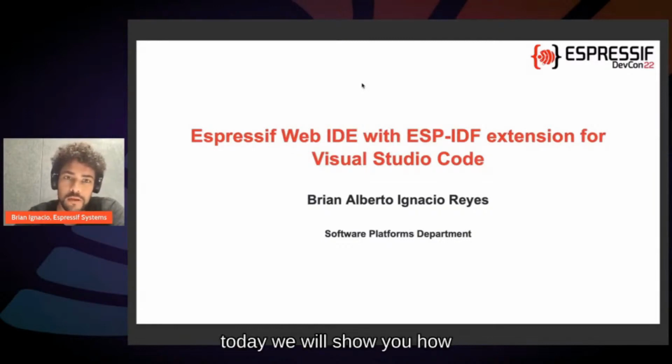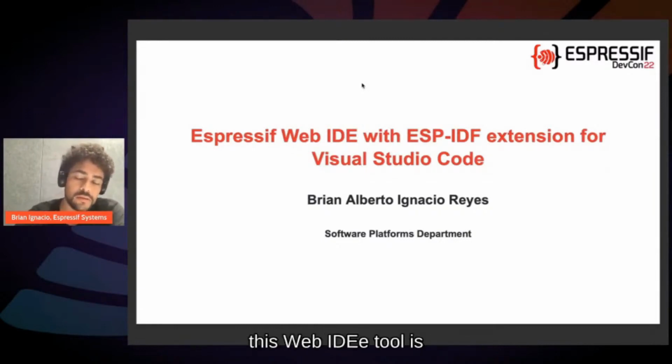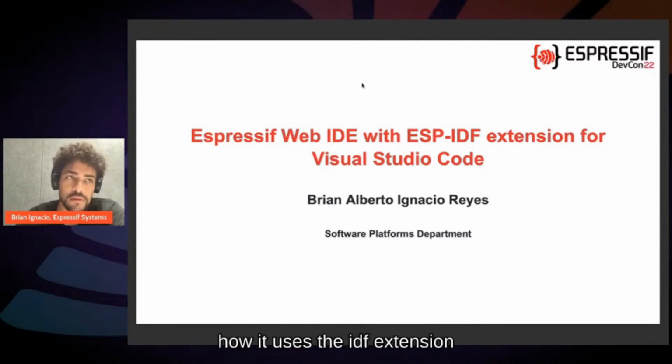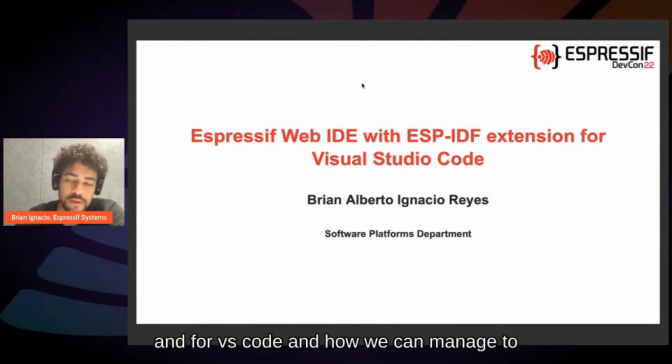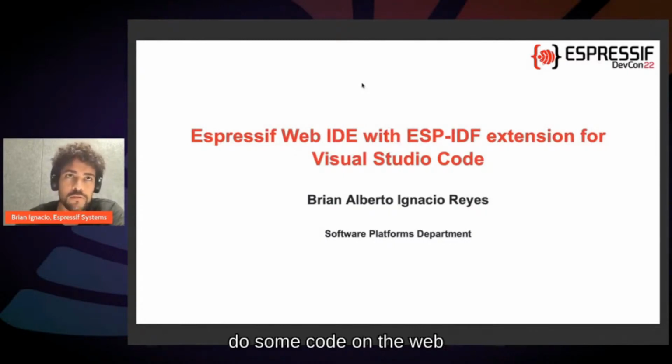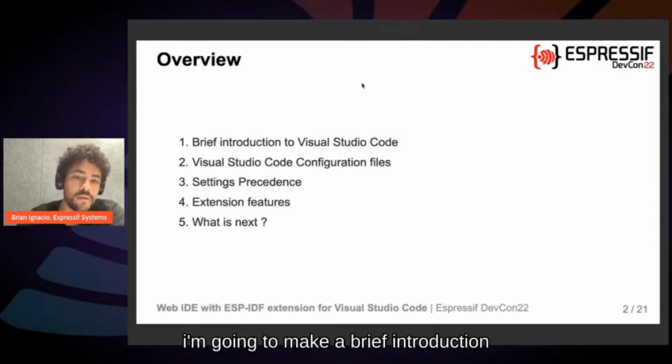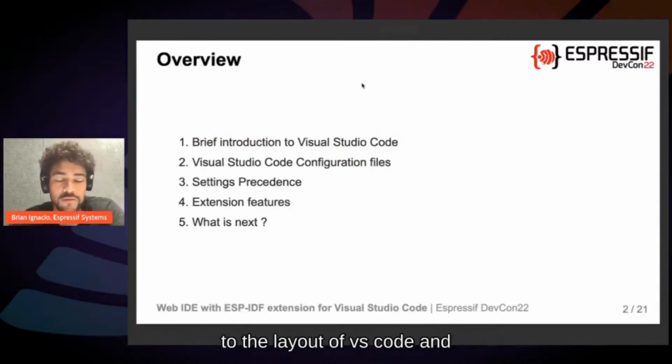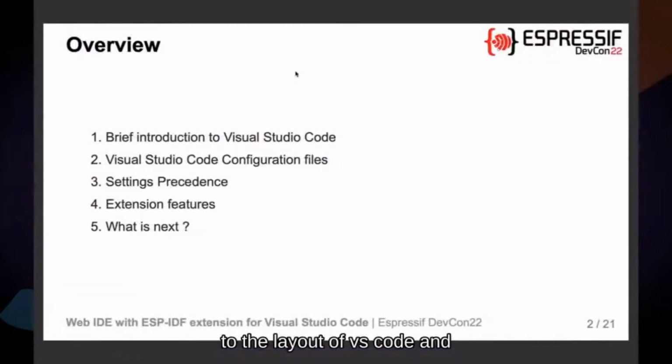Today we will show you how this web IDE tool is implemented, how it uses the IDF extension for VS Code, and how we can manage to do some code on the web. I'm going to make a brief introduction to the layout of VS Code and Eclipse Theia, which is the base of our web IDE.